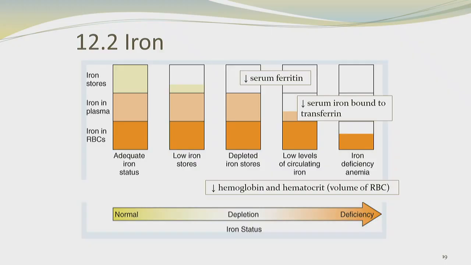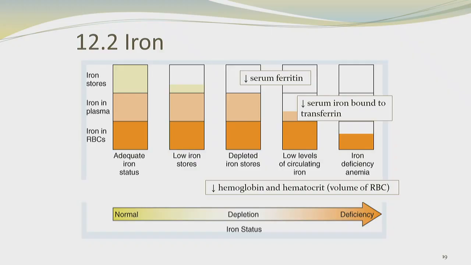Because by the time you have a drop in your hemoglobin levels, that is an advanced form of anemia, right? So very often, this is how it starts. When dietary intake is insufficient, iron stores are depleted. And so very often, you will see your serum ferritin levels begin to drop first. As this continues, the amount of iron that is bound in the transferrin also declines, as you have less and less iron being transferred from the enterocyte to transferrin.